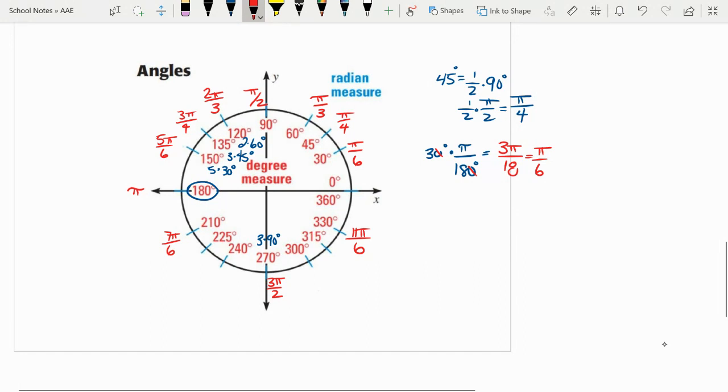That's really 4 times 60, so 4 pi over 3. 300 is 5 times 60, so 5 pi over 3. 225 is 5 times 45, so 5 times pi over 4. And finally, 315 is 7 times 45. And I've seen these a lot, so I kind of have those memorized, but another way to think about our degree and radian measures.